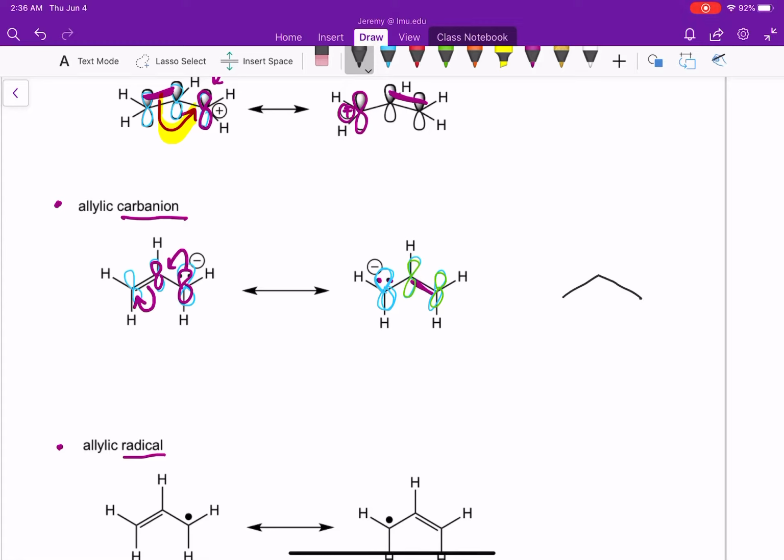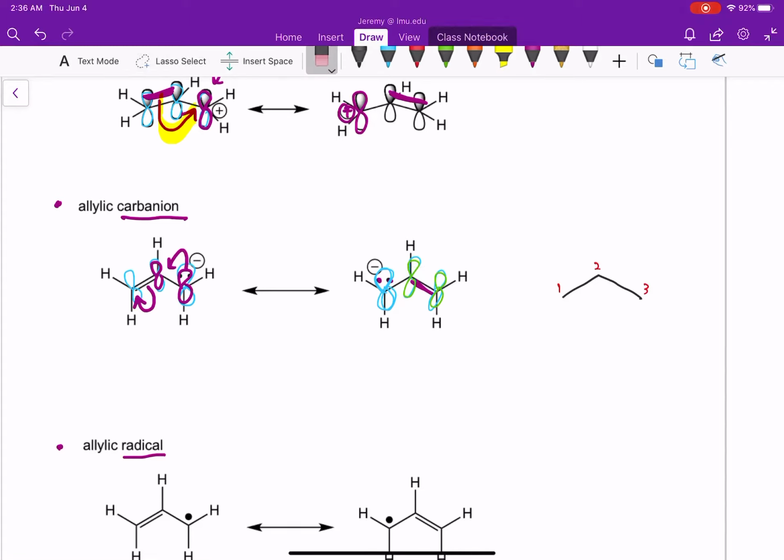And we can draw a resonance hybrid here. We have single bonds between carbons 1, 2, and 3. And if we look in the left structure, 1 and 2 has a double bond, and in the right, it does not. In the left structure, carbon 2 and 3 doesn't have a double bond, but in the right one it does.